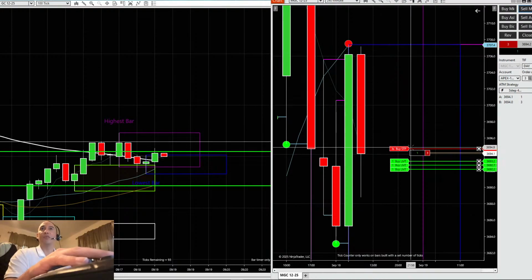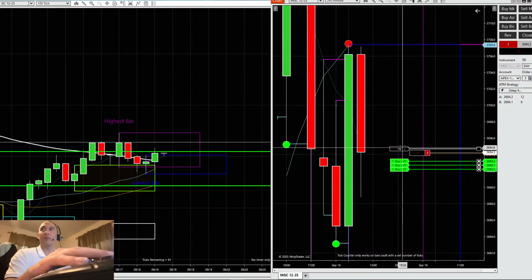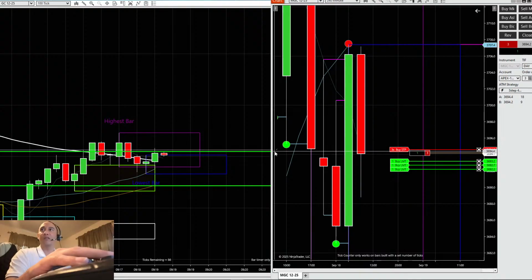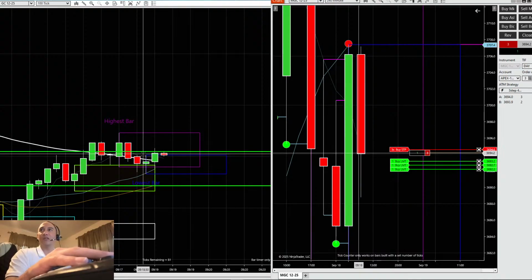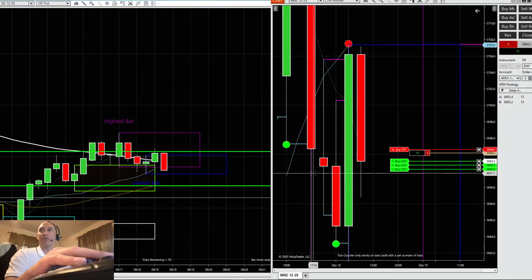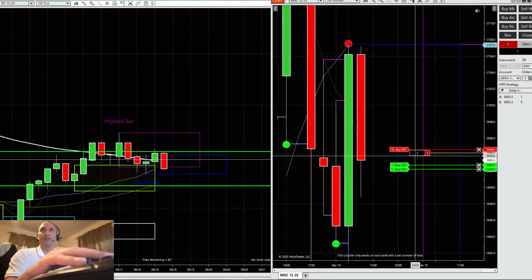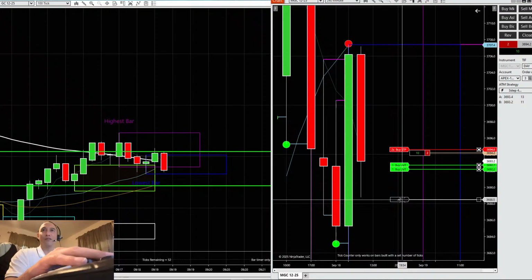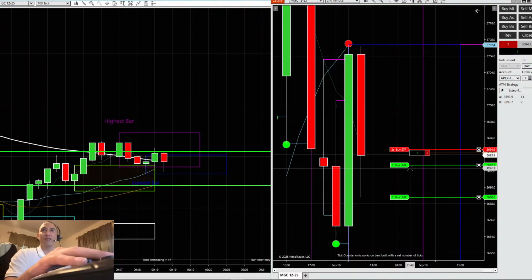So we do this here, and our stop can go right there, which technically could go back behind this guy up here. But we're going for ultra low risk targets here. Order filled. Target filled. I'm gonna carry this down.